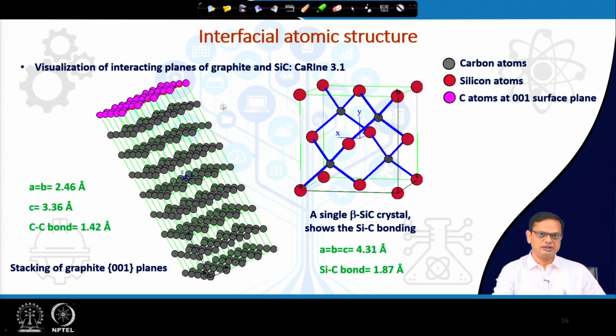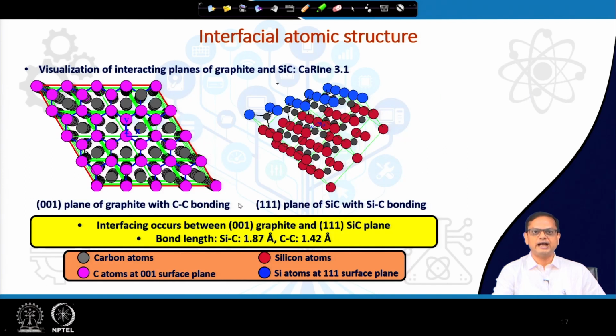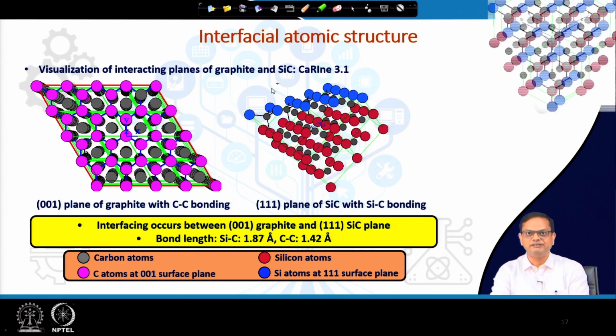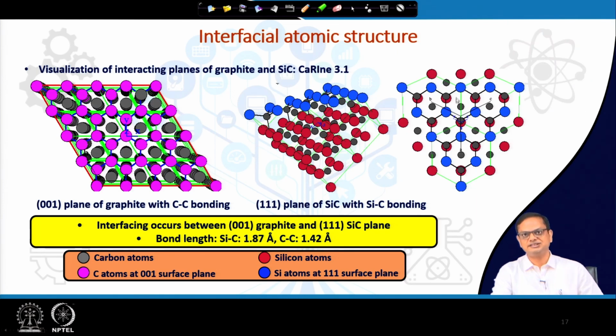You can take the 001 plane of the graphite layer and one plane of SiC. The 001 plane looks like this, and one plane of SiC looks like this.